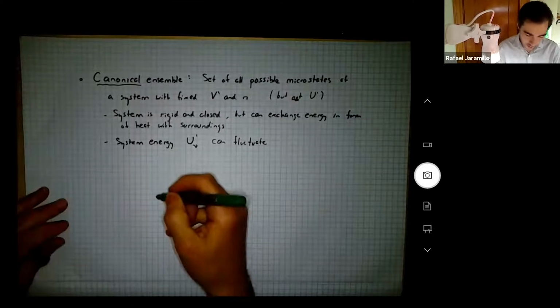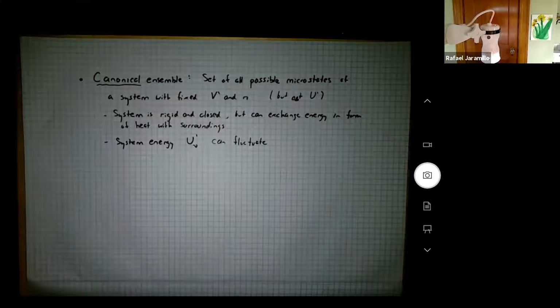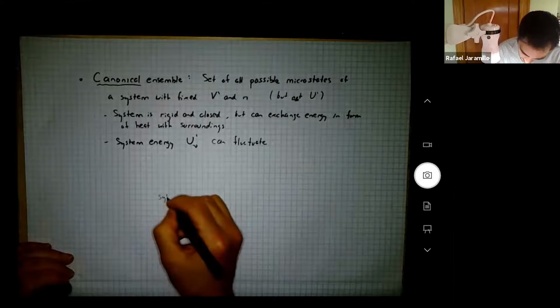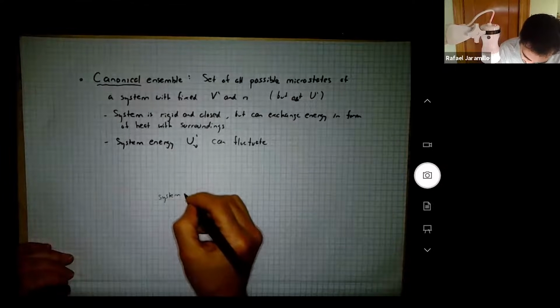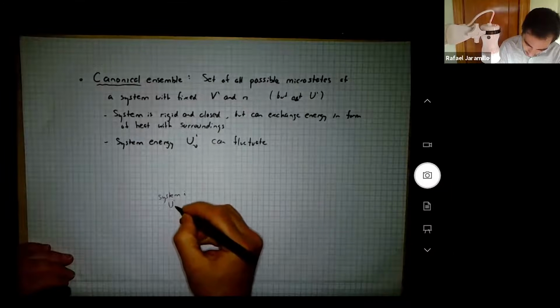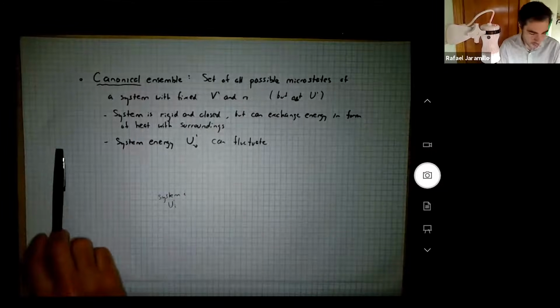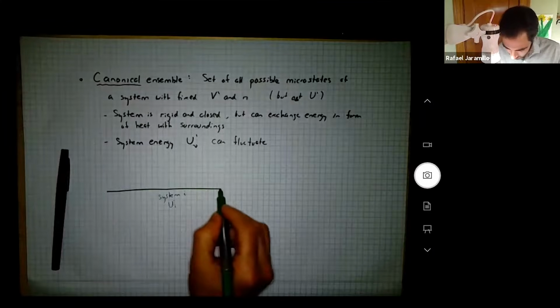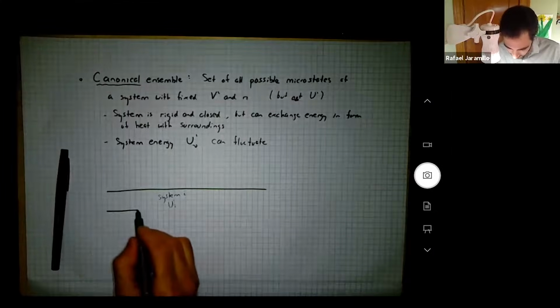We're going to imagine, grab a fine tip marker, a system labeled I with energy U sub I. But this thing is in thermal contact with a lot of other systems.